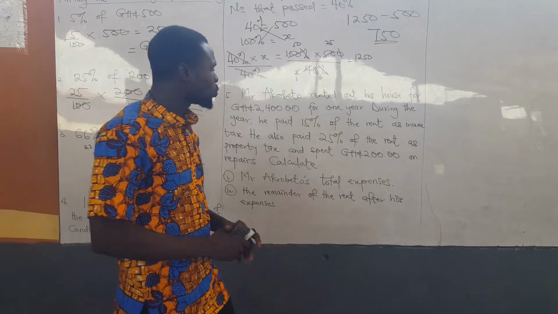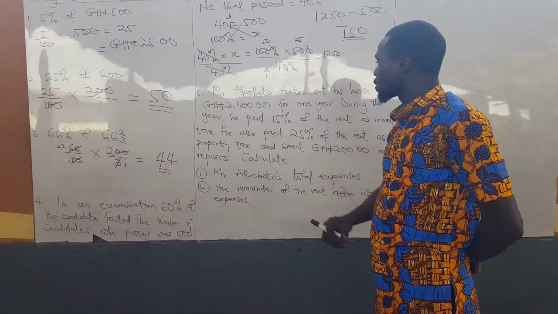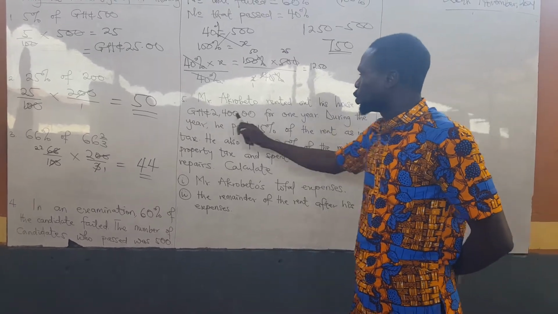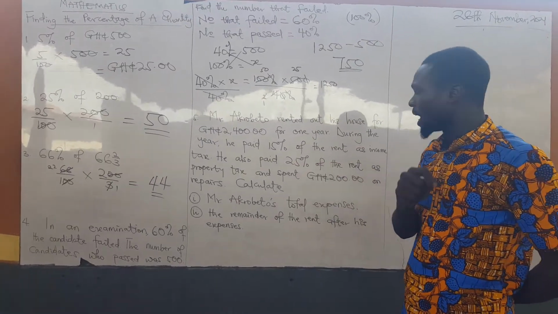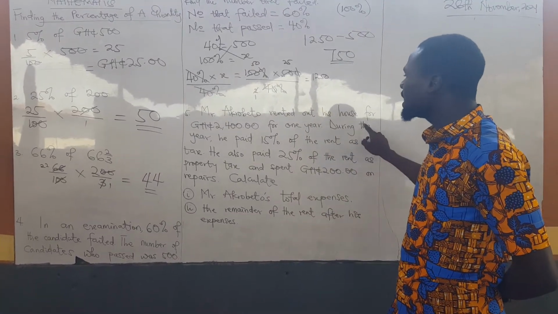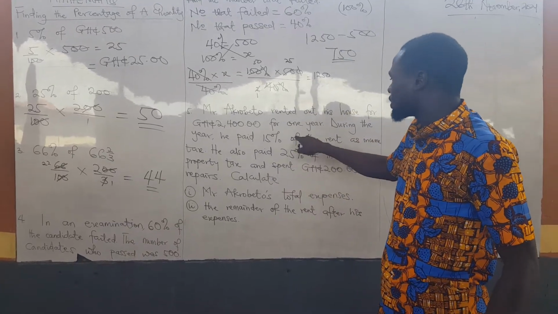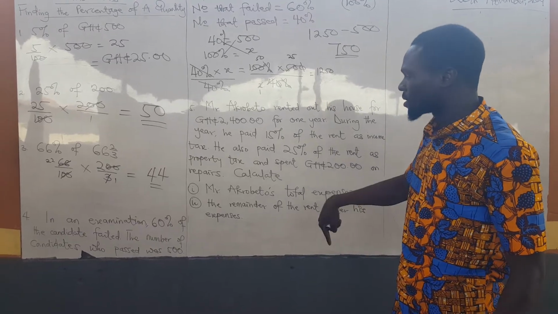When you come to the fifth one, it says that Mr. Akrobeto rented out his house for 2,400 Ghana cedis for 1 year. During the year, he paid 15% of the rent as income tax.